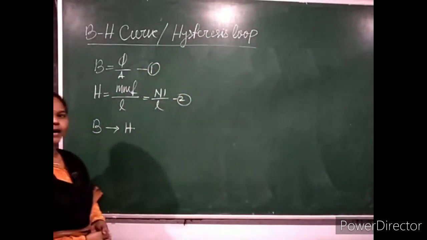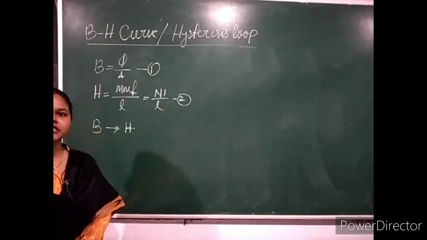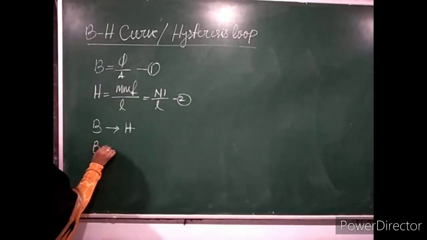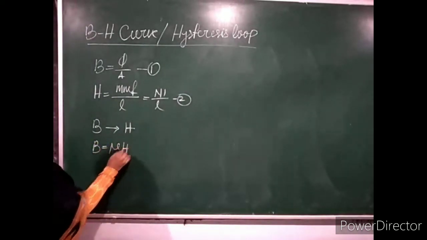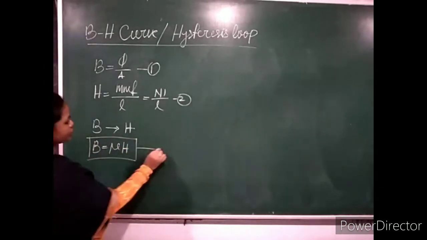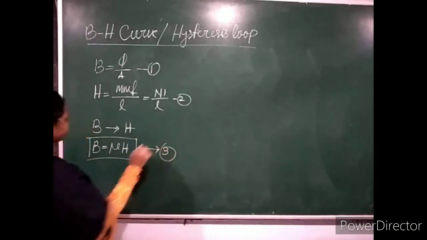When we discussed the different terms used in a magnetic circuit, we saw that B is equal to mu H. This is equation number 3.